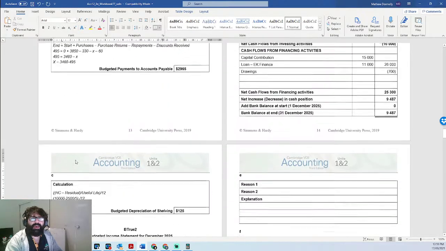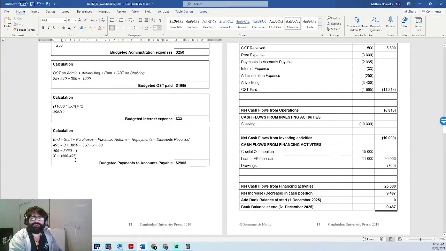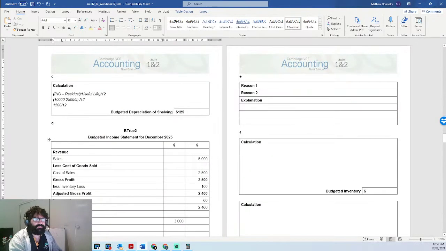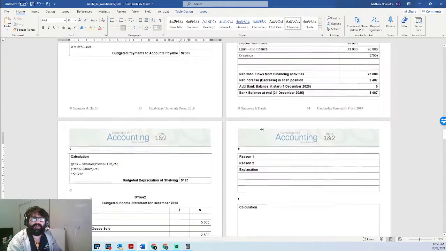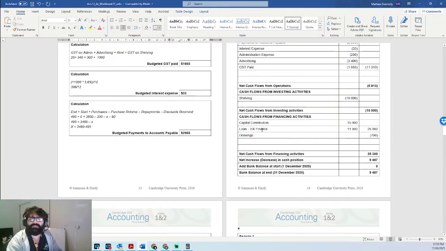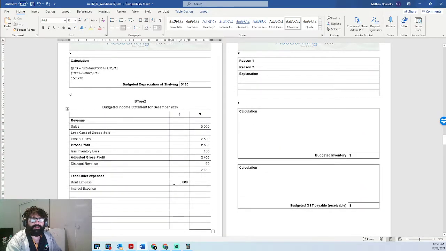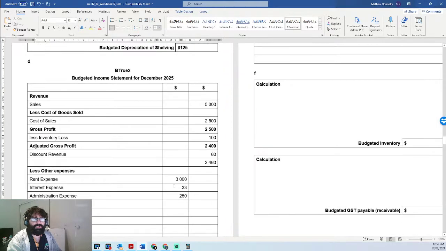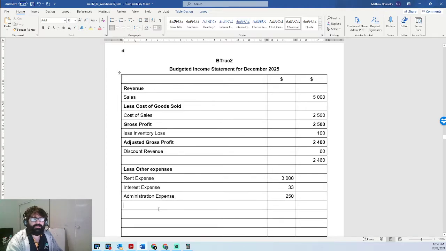We also have interest expense and administration expense. I'm just going to zoom out just so I can see a touch clearer. To 33, and admin expense 250. I'm just going to put that in there now, and we'll zoom that back in just so it's a touch bigger. So that's our administration expense.